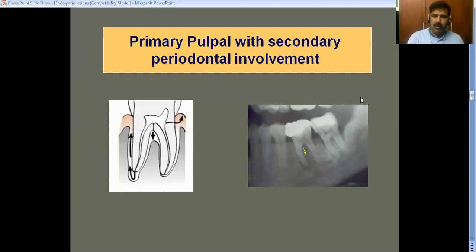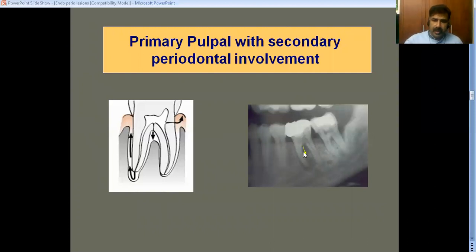Now, this is primary pulpal with secondary periodontal involvement. Look, you can see there may be a little bit of generalized bone loss here, but there is a radiolucency surrounding that tooth. In most of these cases, if you have a chronic lesion like that, you may find that the furcation is involved.